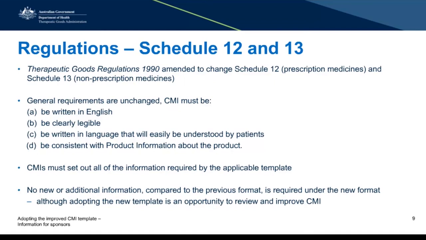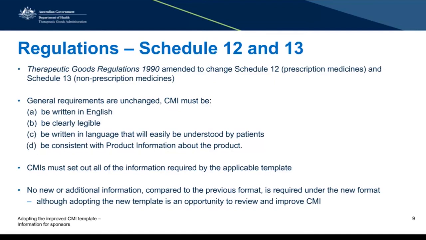It's not that it needs to be all of the information from the PI. I think the important part there also is that this is no different to the previous regulatory requirements for CMI. We haven't changed this part of the regulations at all.